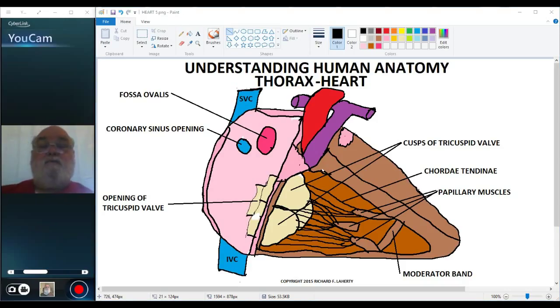The right ventricle pumps its blood into the pulmonary trunk. And the pulmonary trunk has a valve in it called the pulmonary semilunar valve. And let me give a representation of it here.